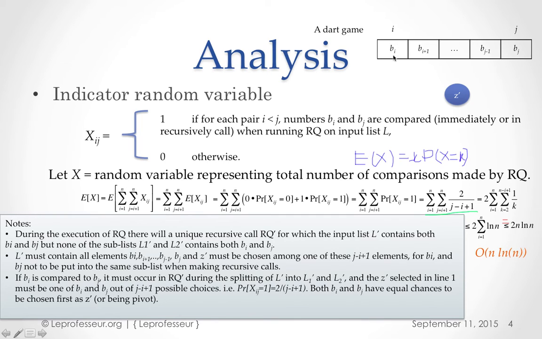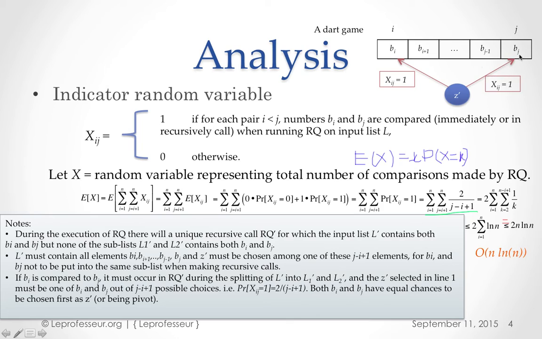Now if it takes the value Bi, then you are hitting, you are comparing, basically. If your z takes the value Bi, you are comparing. As we said, that is the must condition, that either one of the elements is the pivot element.